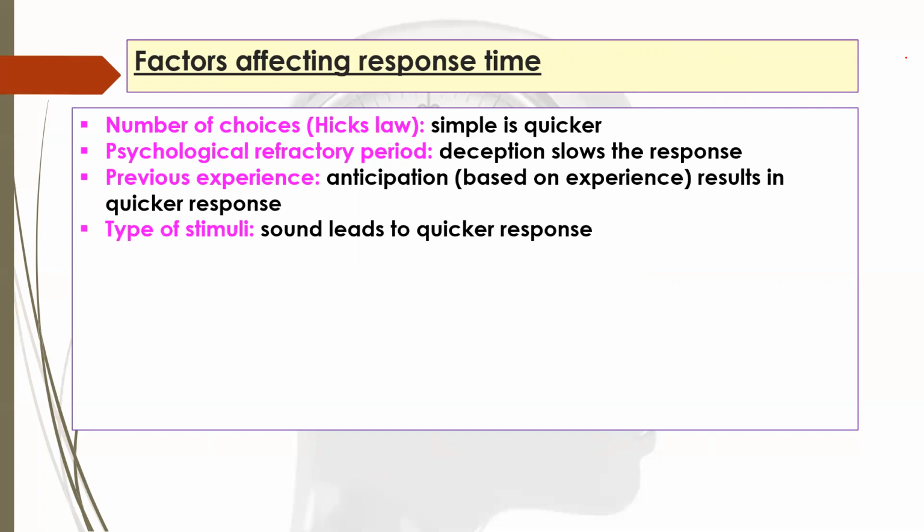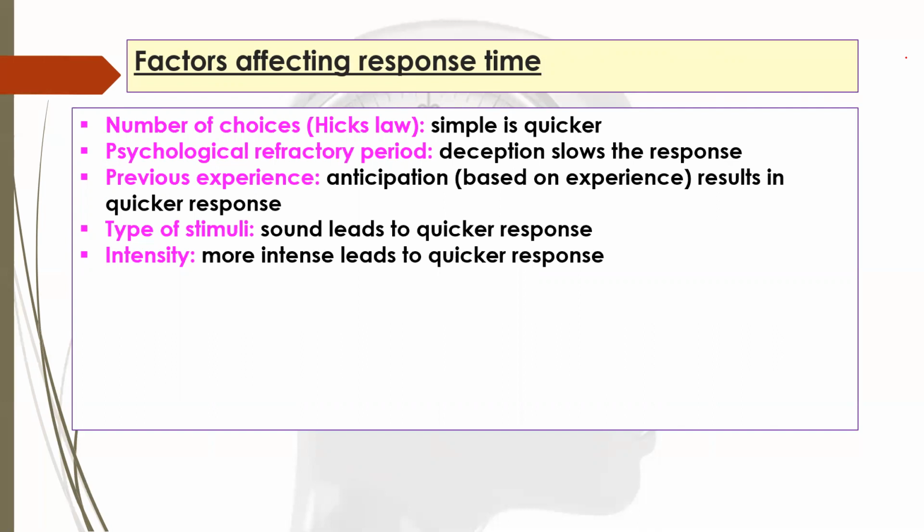The type of stimuli, so the sound, for instance, tends to lead to a quicker response rather than just visually. If you can hear something, it tends to mean that you're more likely to have a quicker response. The intensity of it, so the more intense the stimuli, the quicker the reaction is going to be. So if you get a quiet call from the side to mark up in football, that probably is going to lead to a slow response.